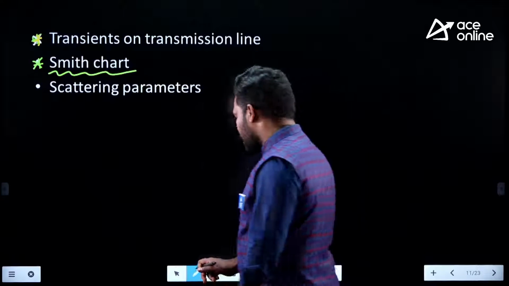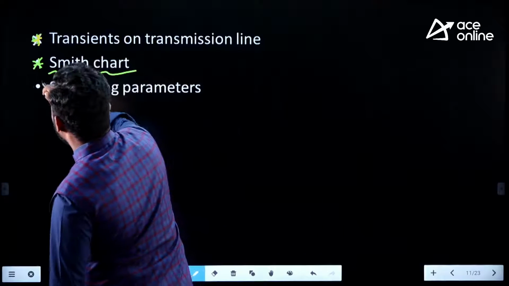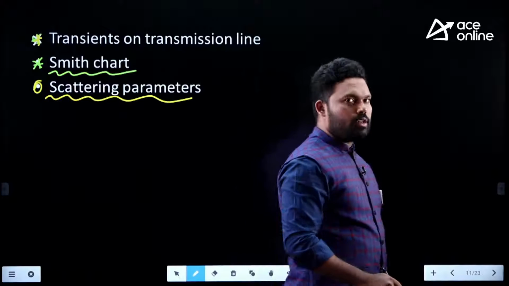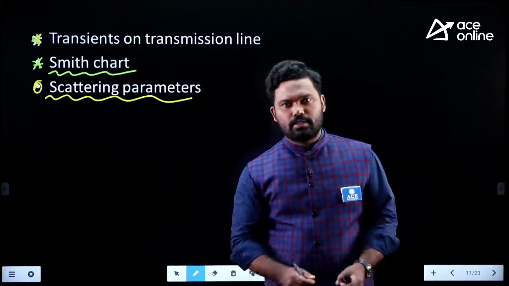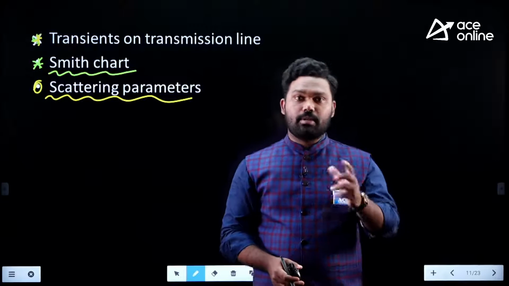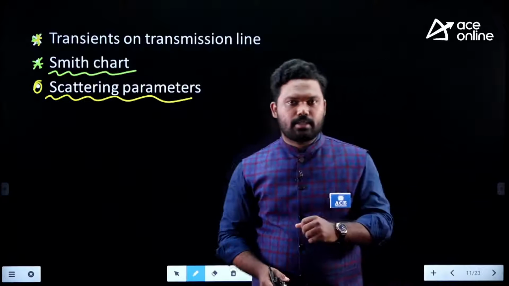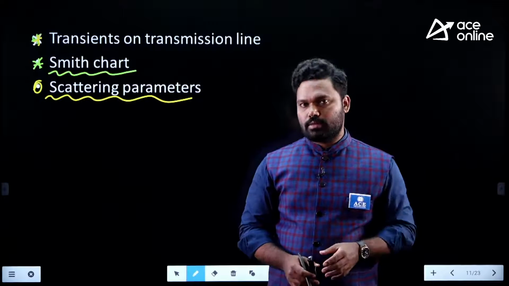So you have different two-port network parameters in your circuit theory, but these scattering parameters are best suited for high frequency junctions. You can call them microwave junctions. In your circuit theory, you define parameters like Z parameters, Y parameters, ABCD parameters, G parameters, H parameters, by performing open circuit or short circuit.